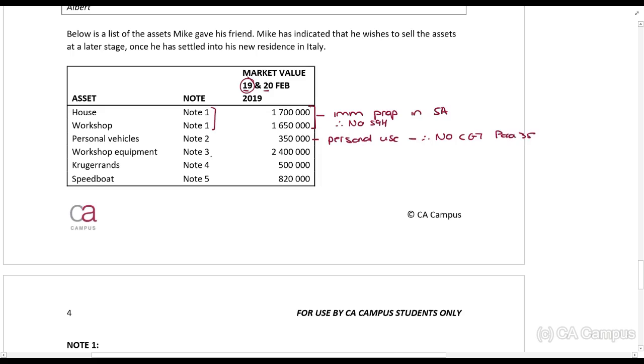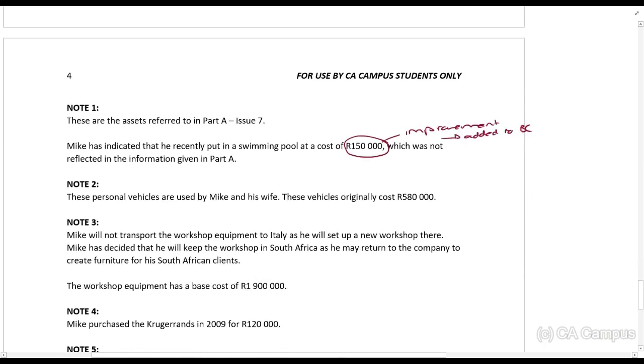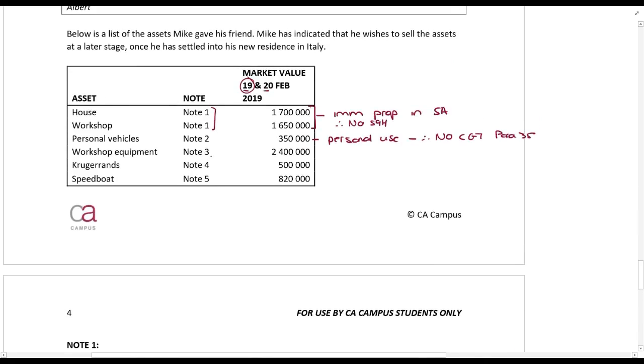Workshop equipment, note number 3. Mike will not transport the workshop equipment to Italy as he will set up a new workshop there. Mike has decided they will keep the workshop in South Africa as he may return to the company to create furniture for his South African clients. The workshop equipment has a base cost of 1.9 million rands. Now that is permanent establishment in South Africa, so thus no Section 9H.